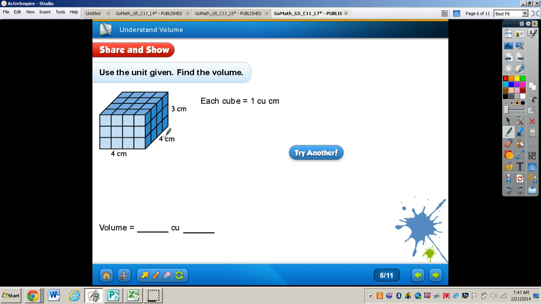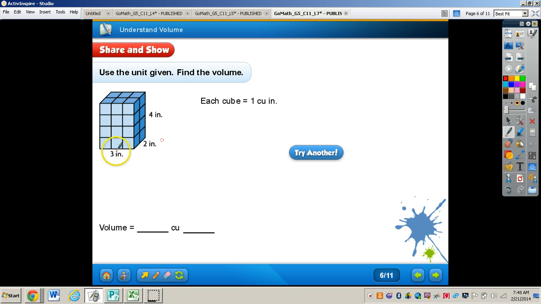First of all, we can see that the length, width, and height are 4 centimeters, 4 centimeters, and 3 centimeters. So we can simply multiply 4 times 4 times 3, and we know that 4 times 4 times 3 is going to give us 48. Therefore the volume would be 48 cubic centimeters.